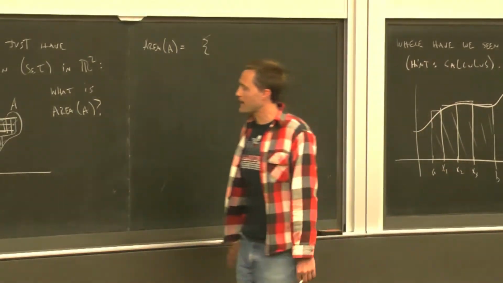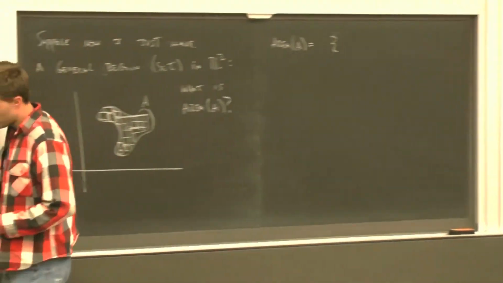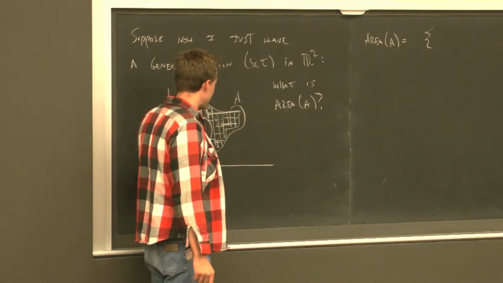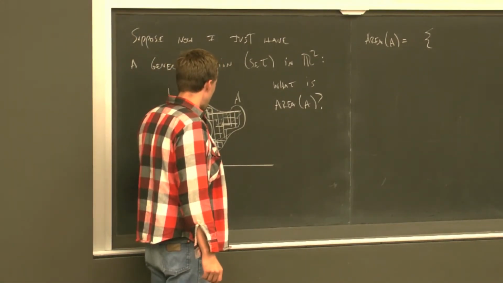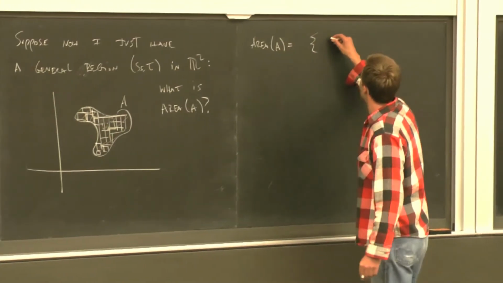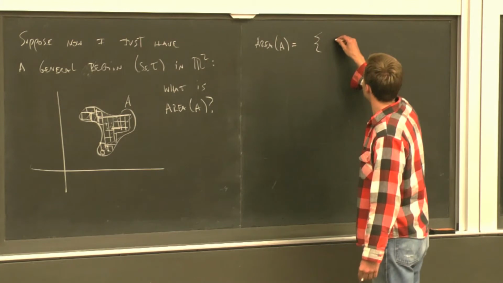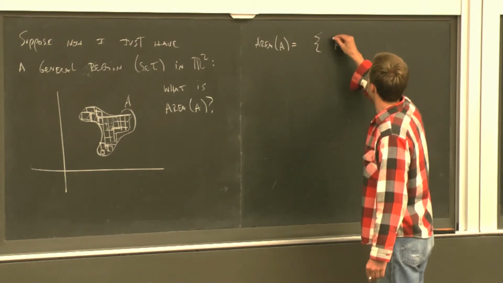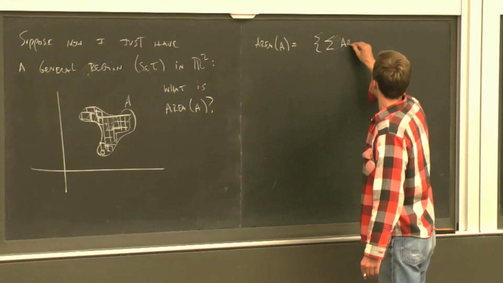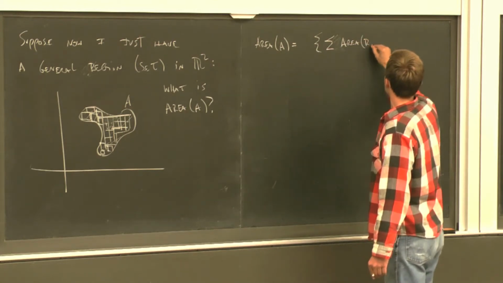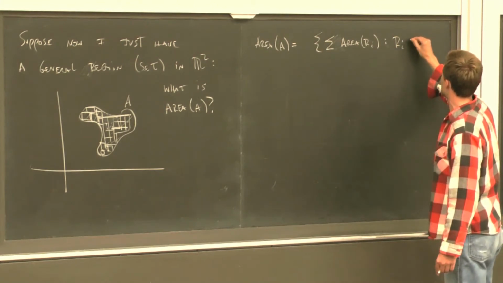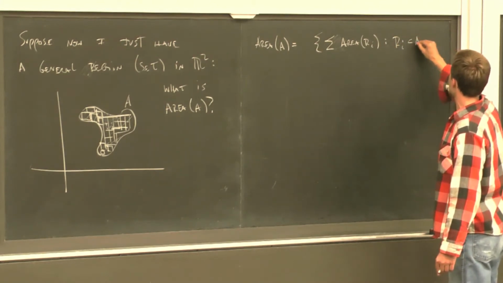So the way I've drawn it here, you take all these rectangles that fit inside, right, and you add up their areas. So we take all the areas of rectangles Ri. We sum up all the area of Ri, such that Ri is a subset of A.